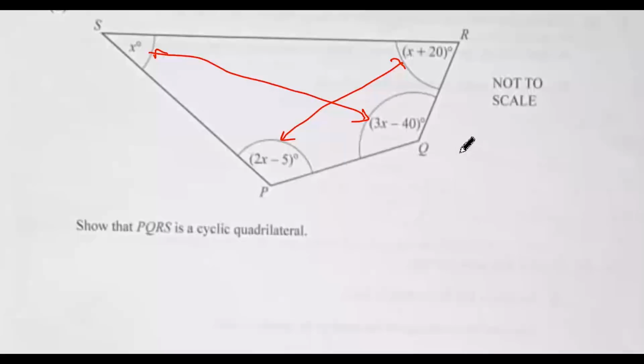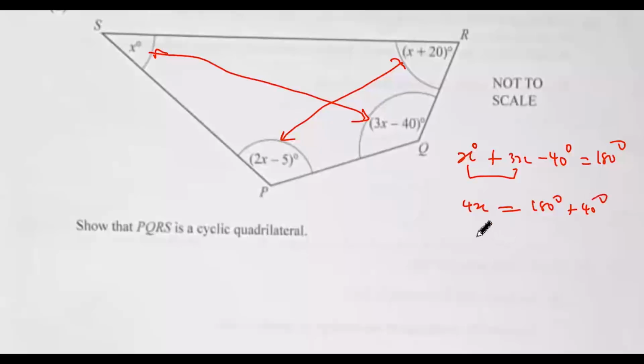That is, x degrees plus 3x minus 40 degrees is equal to 180 degrees. So this and this add up to 4x, equals 180 degrees, then minus 40 degrees goes to the right-hand side and becomes plus 40 degrees. So our 4x is equal to 220 degrees.